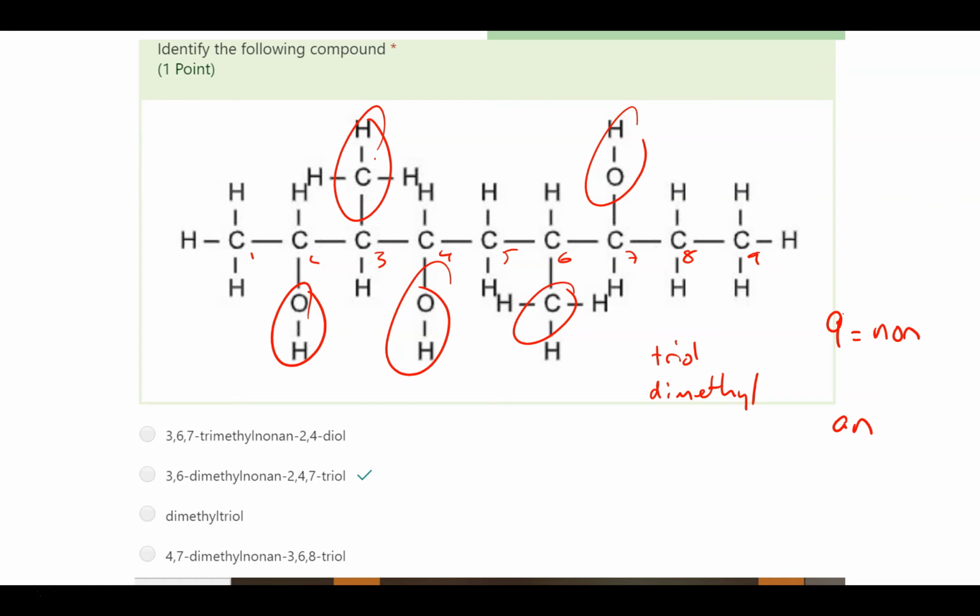So we have nonane-2,4,7-triol, and it's going to be a 3 and a 6 dimethyl. And that's our answer here.